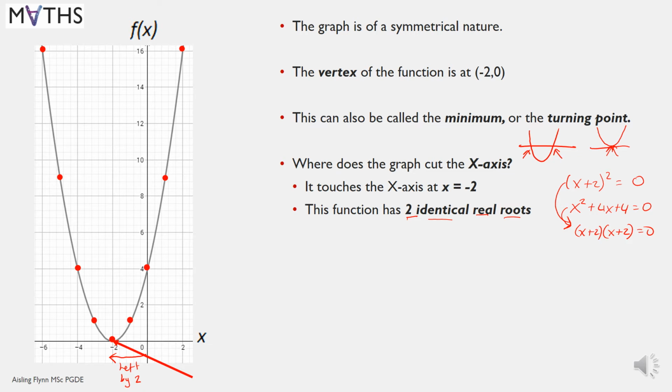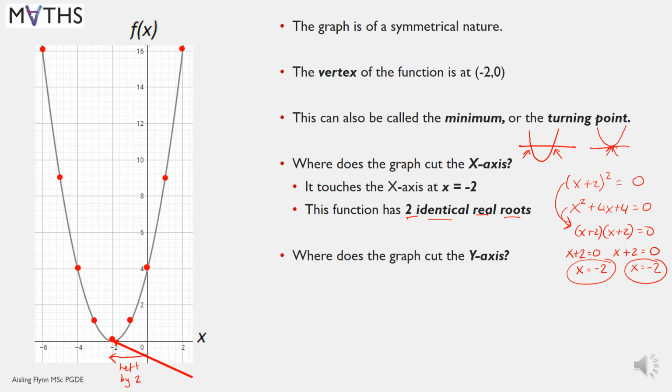And then the method to solve quadratic equations was to put each factor equal to 0. So you're saying, when is the function 0? When does it touch the x-axis? And we would solve for x by taking 2 from both sides. It's the same here. So there are our two identical roots of -2.